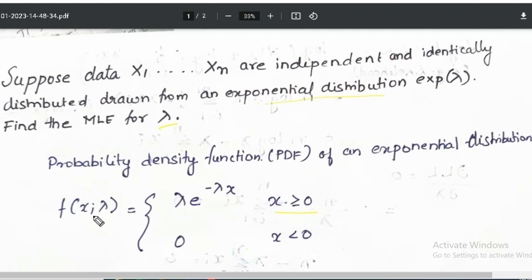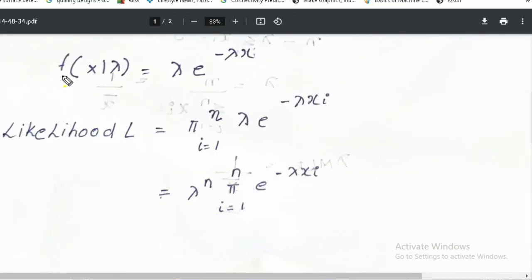Instead of this semicolon, in some textbooks you can find f(x | lambda), a vertical bar. Both are the same thing, don't get confused. The probability density function f(x | lambda) is equal to lambda e raised to minus lambda x.